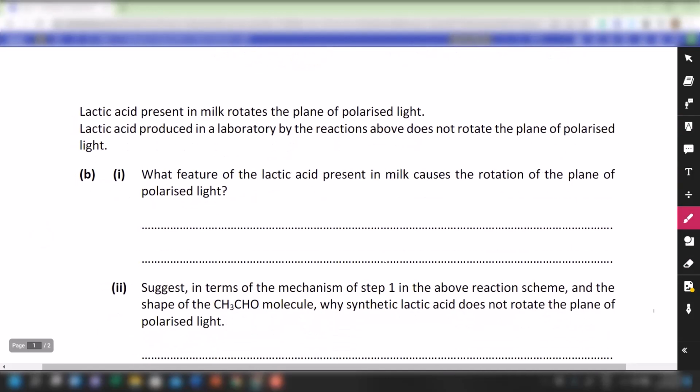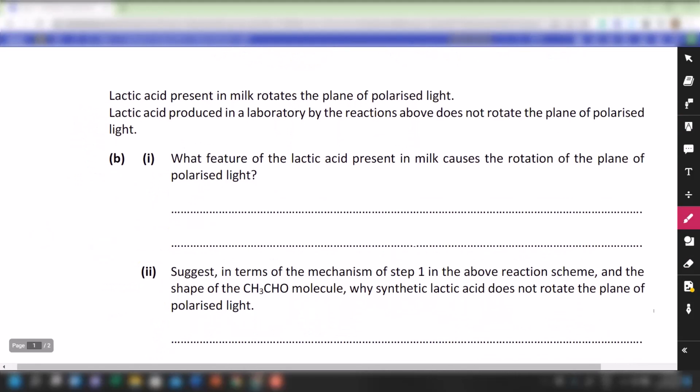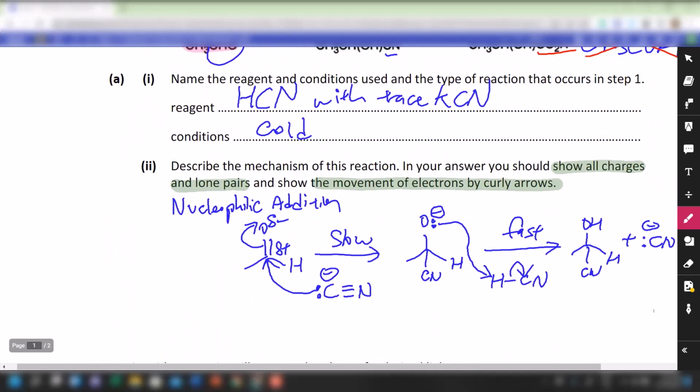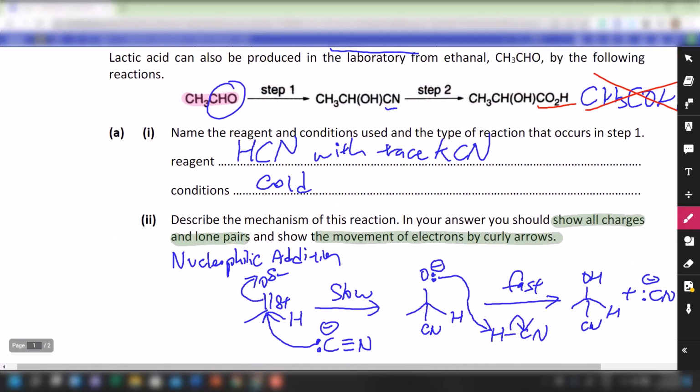The next part: lactic acid present in milk rotates plane polarized light. Lactic acid produced in the laboratory by the reaction above does not rotate plane polarized light. So what feature of lactic acid present in milk causes the rotation of the plane of polarized light? The structure you will probably be aware of is that lactic acid contains a chiral carbon.